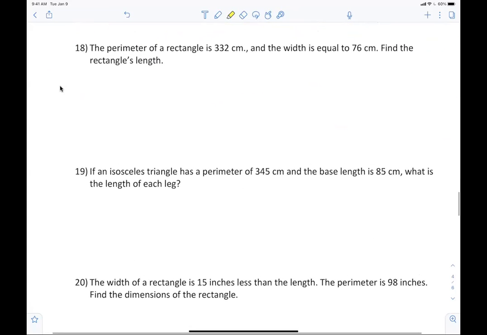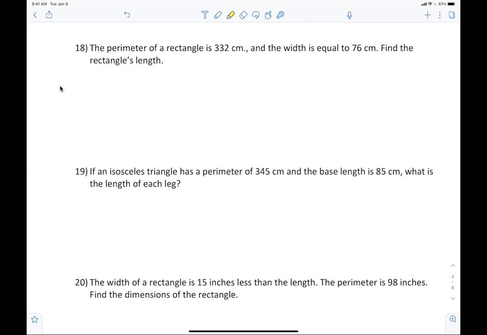Next. The perimeter of a rectangle is 332. The width is equal to 76. Find the length. Now, some of you are like, well, I already know what the perimeter formula is. Who can remind me what the perimeter of a rectangle is? Brennan. That would be area.